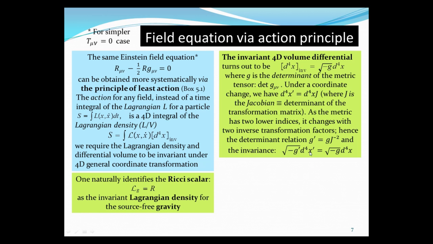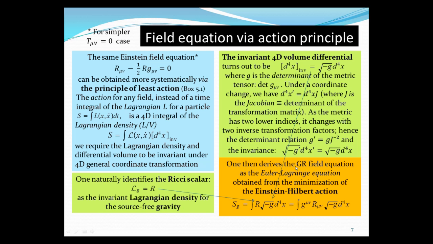So d4x prime gives you one power of the Jacobian, and the square root of g prime gives you one half of two powers, so the powers just cancel. So you see the combination of the square root of minus g, and the reason for the minus is that we work with the signature of minus 1, 1, 1, 1, and only this combination is invariant.